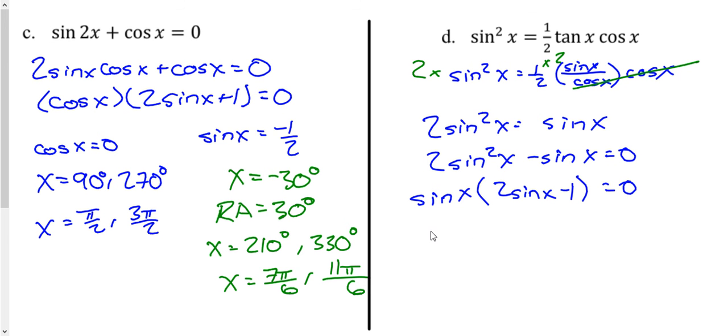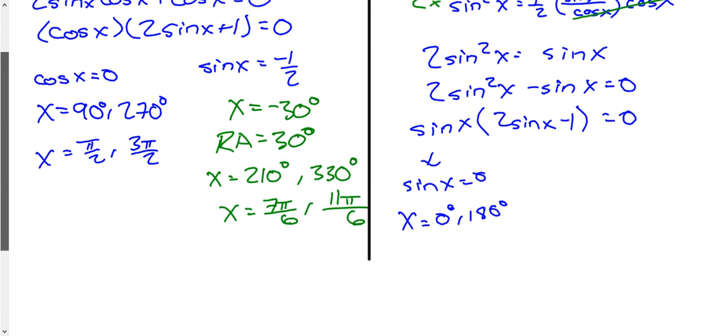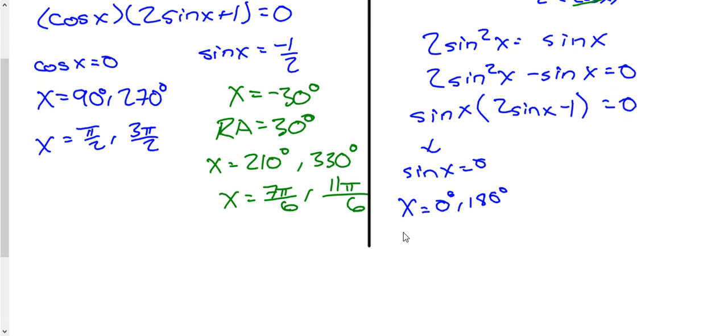On this first one, I'm going to set sine x equals 0, and of course that only occurs at 0 and 180 degrees. So x equals 0 degrees and 180. Notice I didn't include 360 because we had a domain restriction earlier of from 0 to 2 pi, not including 2 pi. And of course this here, x in radians, is going to be equal to 0 and pi.